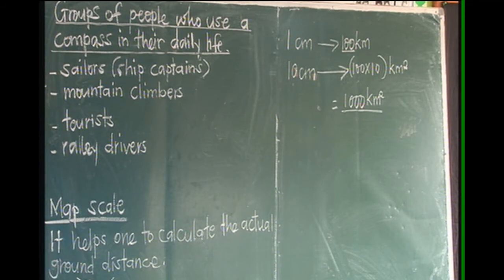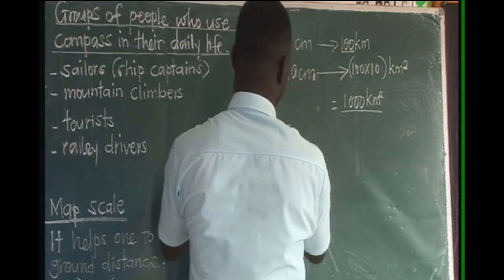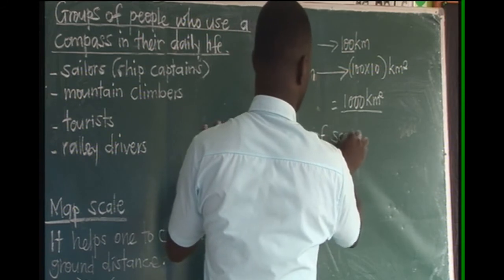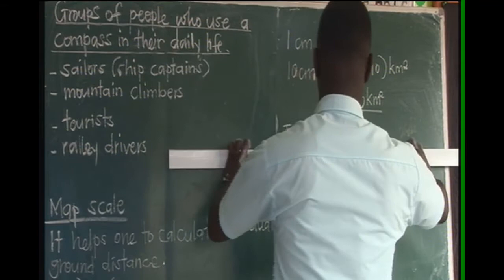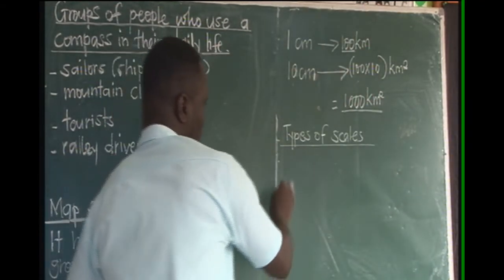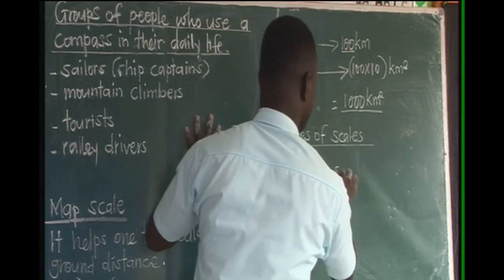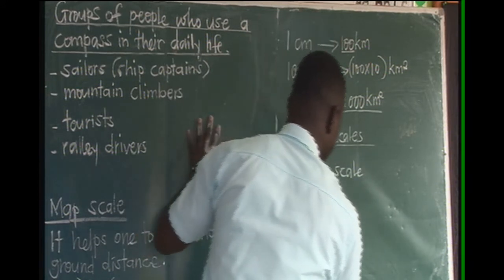Now, when we're giving these drawings, it means that we have types of scales that can be used. One, we were showing the line scale that we can also call linear scale. This is the one we were showing like this.